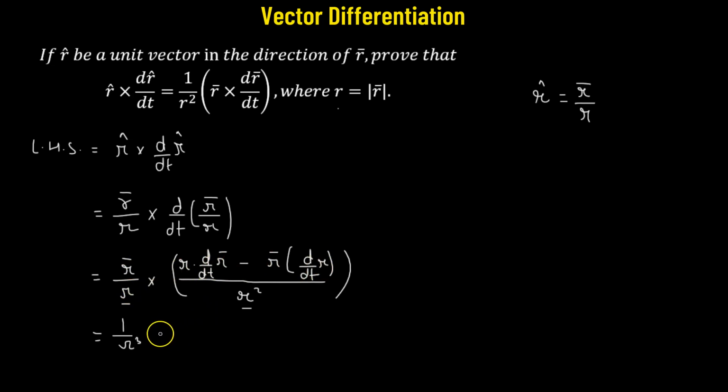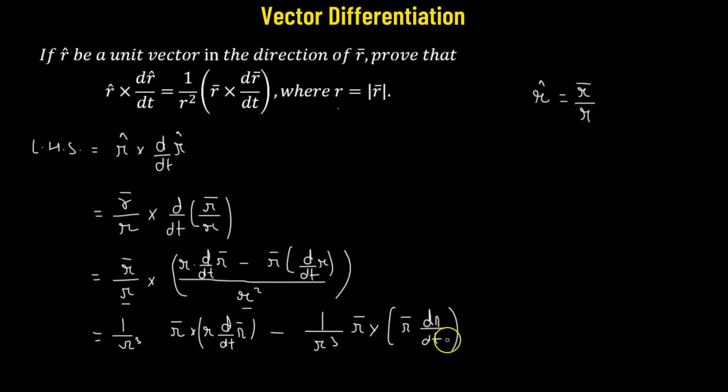So that means we have r vector crossed with r times the first derivative with respect to t of r vector minus 1 over r cubed times r vector crossed with vector r times dr over dt.